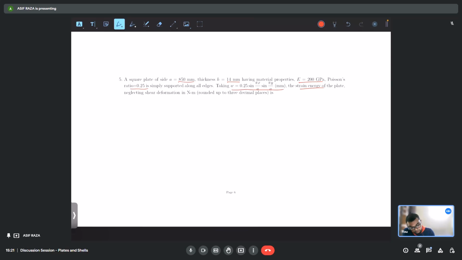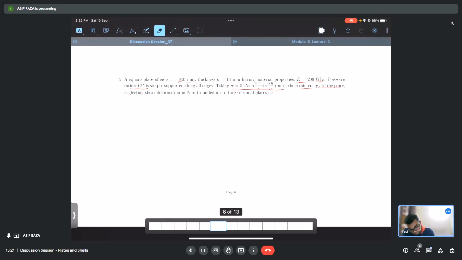So let's start. We are given a equal to 850 mm, h equal to 14 mm, E equal to 2 into 10 to the power 5 Newton per mm square. Then Poisson's ratio as 0.25.